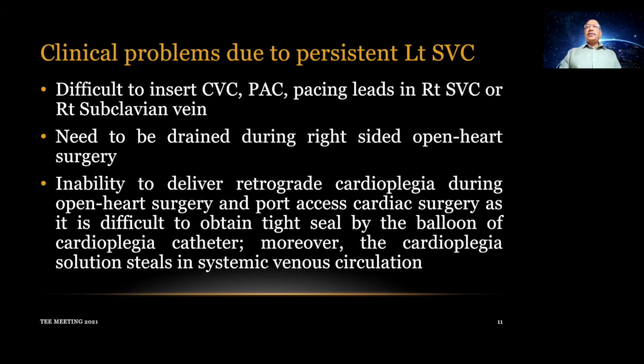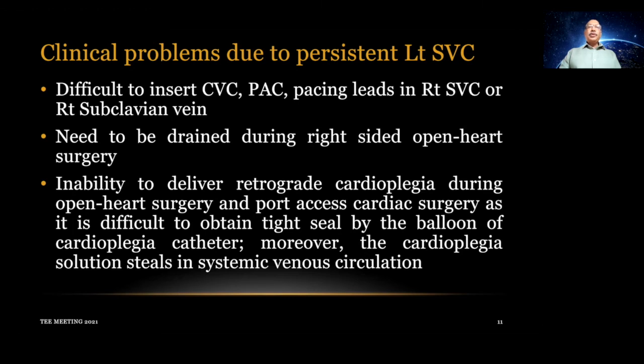Now another important thing is that since the coronary sinus is quite large, if the surgeon plans to give retrograde cardioplegia, it may be difficult to find a seal between the balloon of the cardioplegia catheter and the coronary sinus, and in that case, it will be difficult to deliver retrograde cardioplegia.